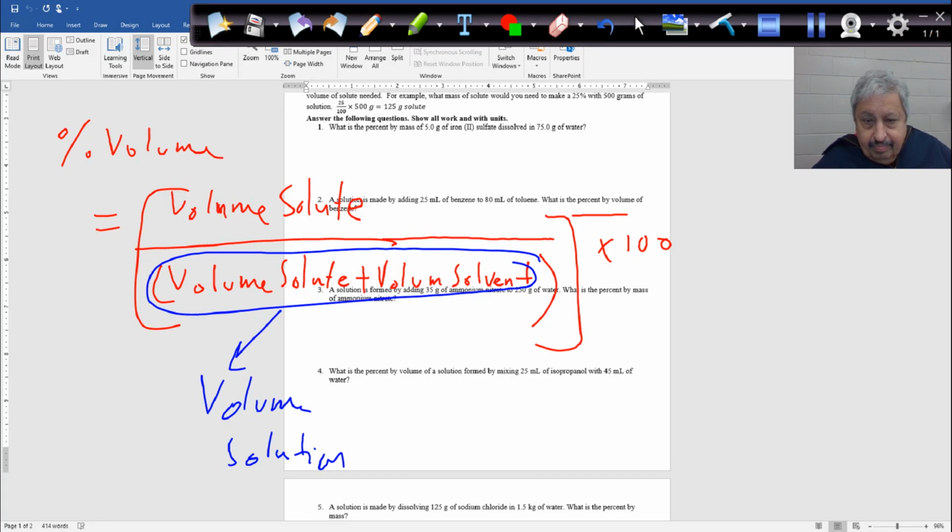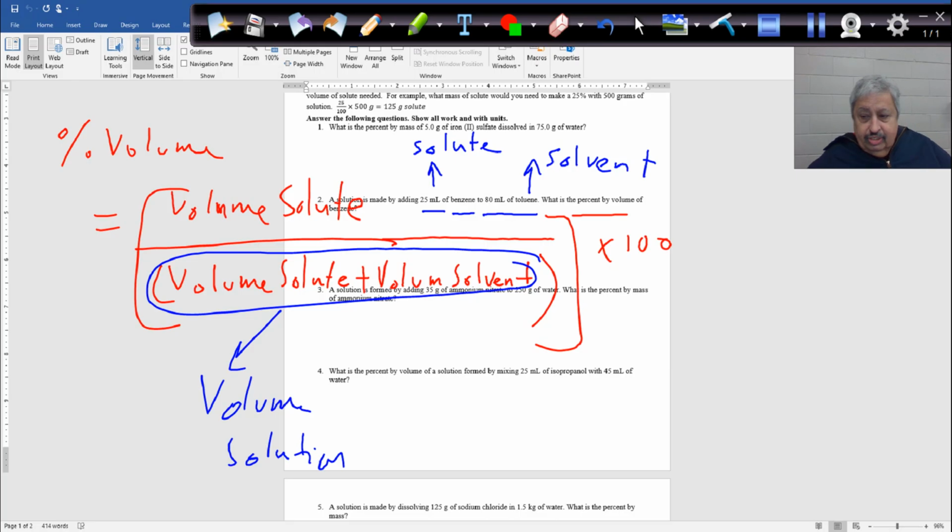So now number 2, we have benzene and toluene. The most abundant one will be the solvent, correct? Toluene is our solvent because a large amount of it is present. And the 20 mL, the smallest amount, that's our solute, which is benzene.